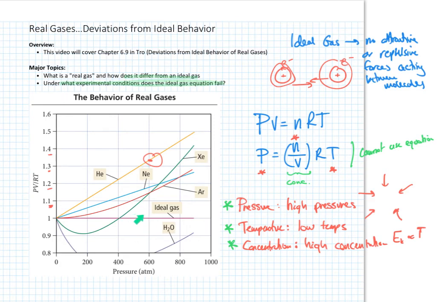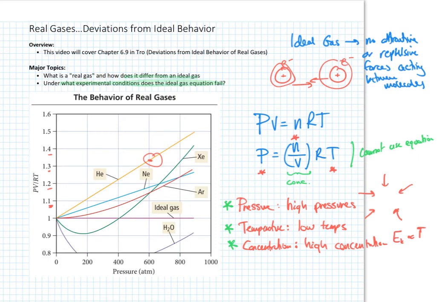Even the ones that don't deviate as badly, like argon, is still like a 15% error once we get up here at 600 atmospheres. And you notice some of them, like xenon, actually cross back the axis at 400 atmospheres. But as soon as we get away from close to 1 atmosphere, it begins deviating quite a bit. So you can see how high pressures have a very significant effect on the ideal gas equation.